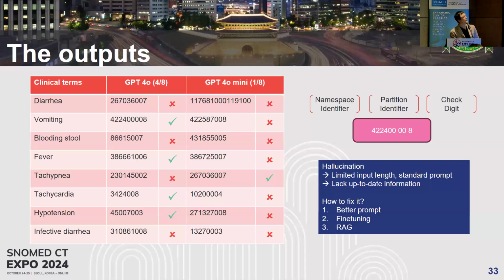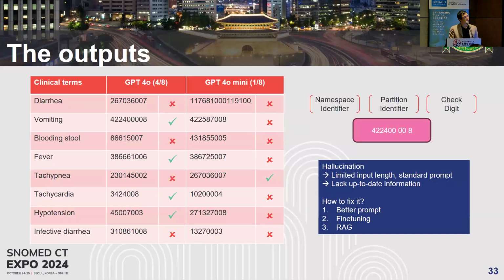This one is the output of GPT-4o, and the other one is GPT-4o mini. The clinical terms they extract are similar, but the problem is with the SNOMED CT IDs. GPT-4o extracts about 50% right, but the mini one has just one right.